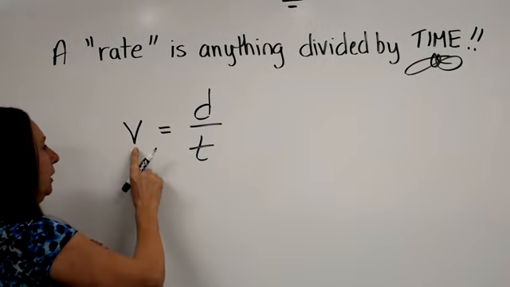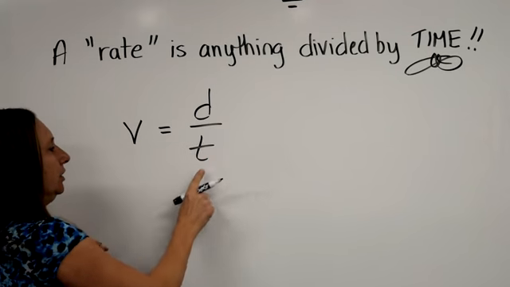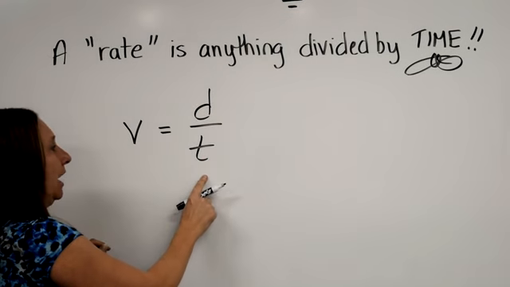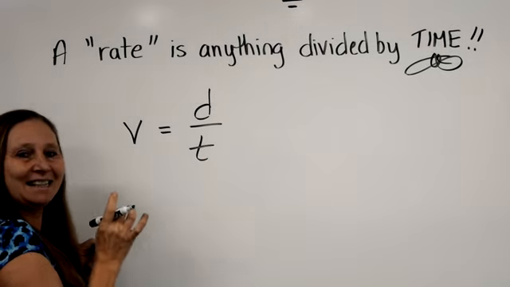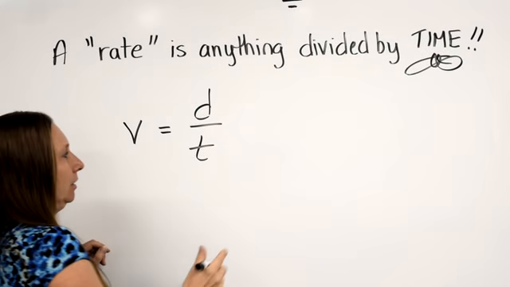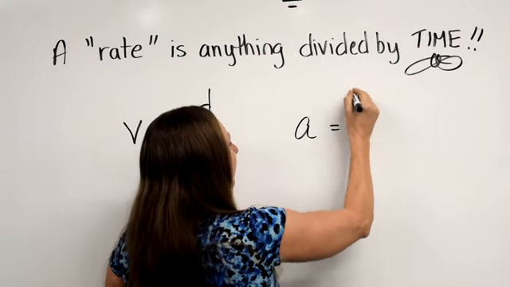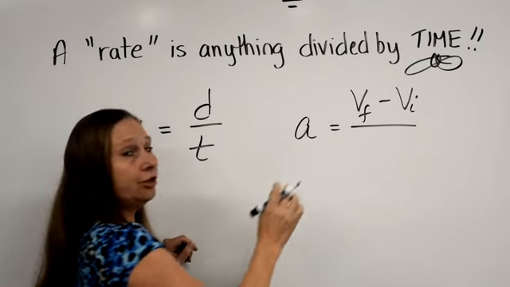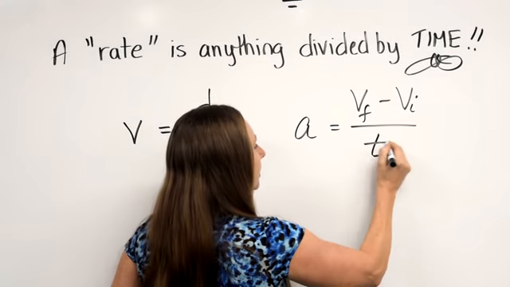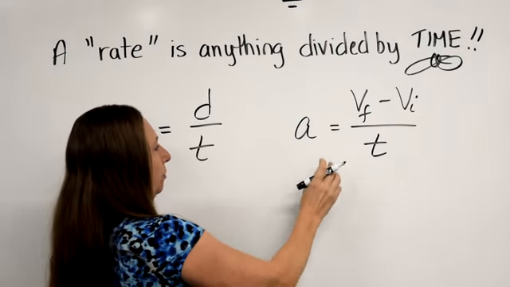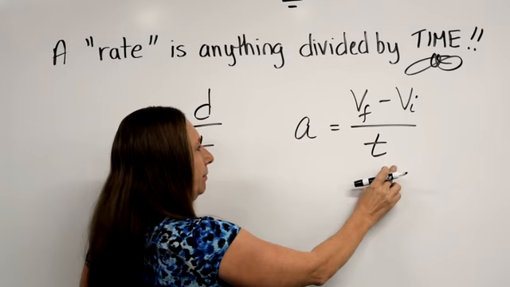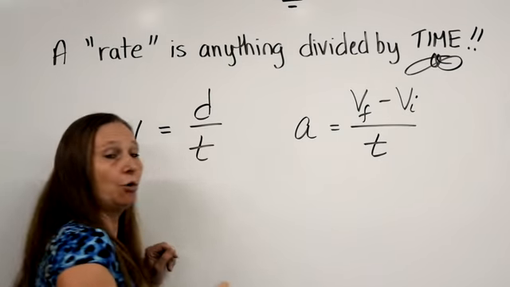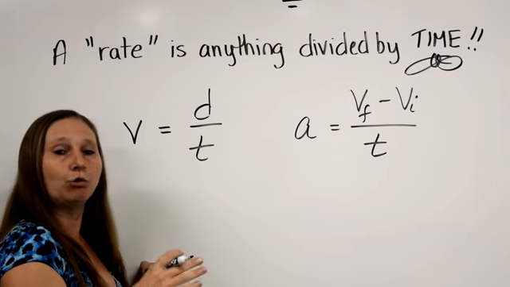And again, you simply look, velocity is this divided by time. Since it's divided by time, velocity is a rate. All right, acceleration is also a rate. Here's a change in velocity, and here's the time on the bottom. So because it's divided by time, acceleration is also an example of a rate.